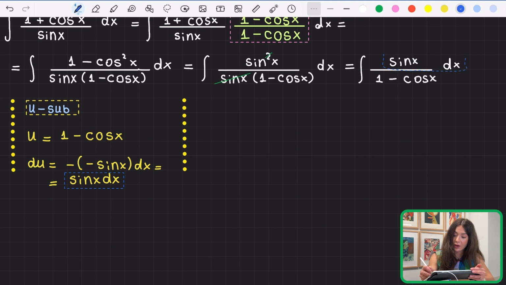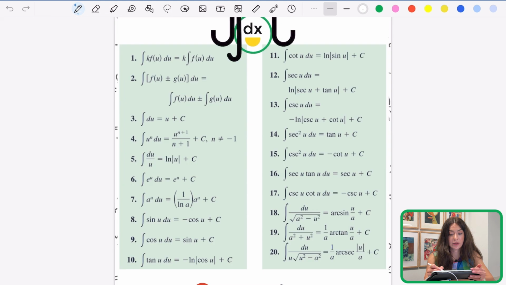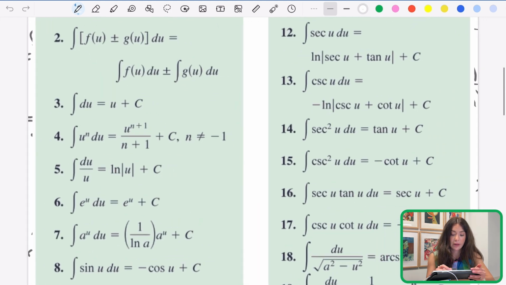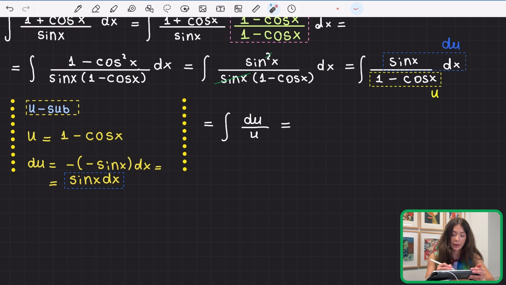This is exactly what I have, so I don't have to express it in any way. I already have that. And this is my u, and this is du. I know how to take this integral because this is one of the basic rules. It is an ln integral. And I am going to back substitute, obviously, with the variable that I started with.